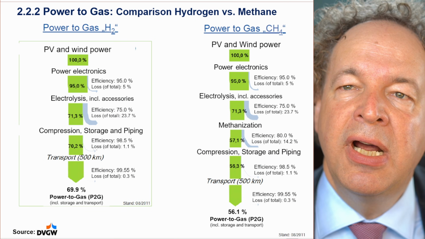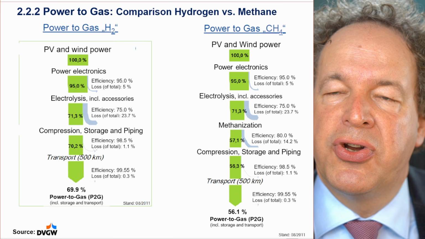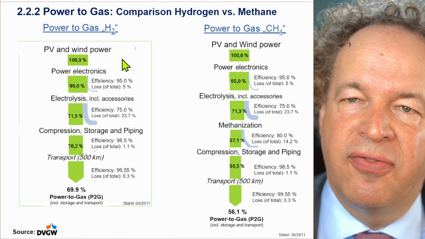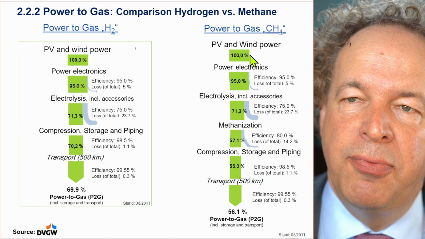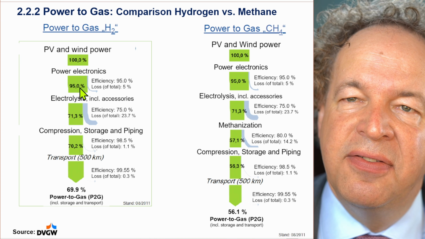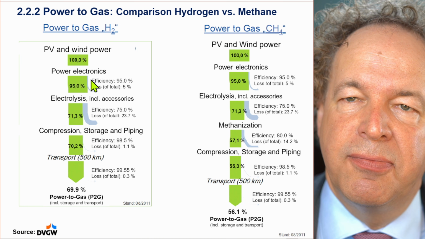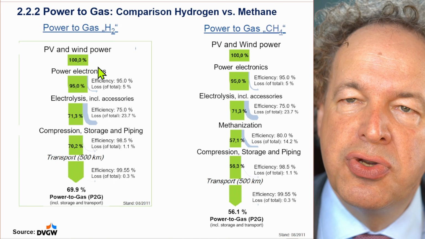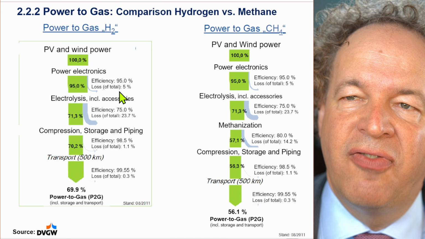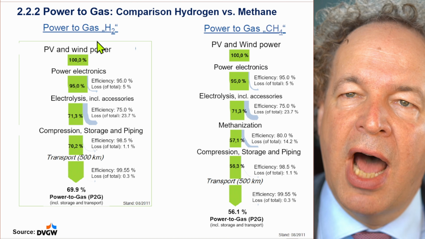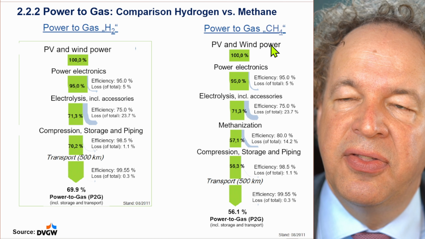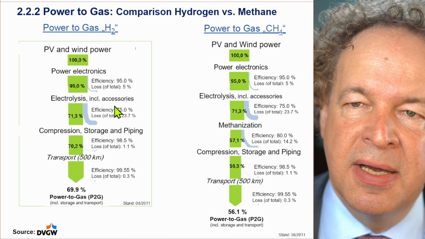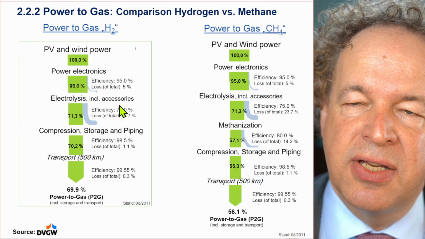Let's compare the hydrogen production versus the methane production. So we have both sides. We have the generation by solar power and wind considered as 100%. Then we have the power electronics, which usually works quite efficiently, with an efficiency of 95%. We lose of this total 100% only 5%, both for hydrogen production and the methane production. Then we have the electrolysis, which includes all the accessories.